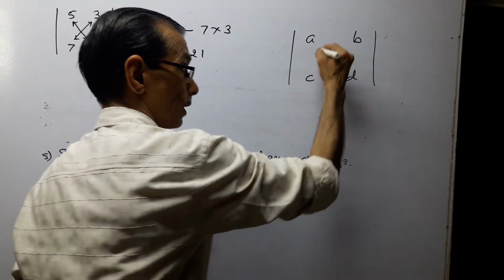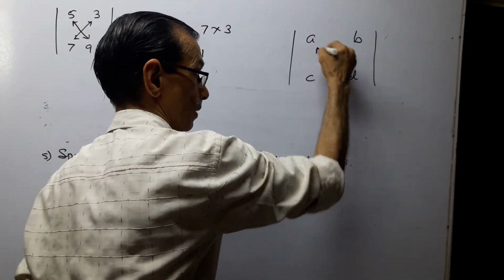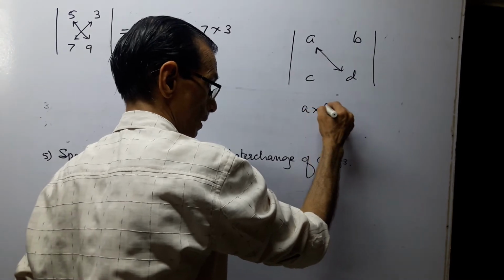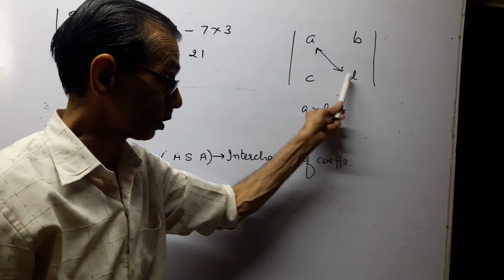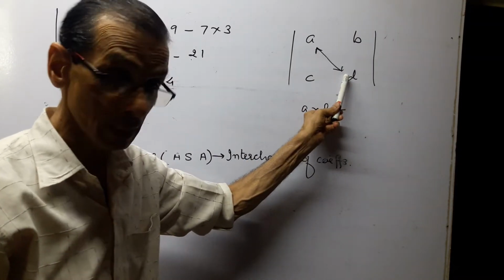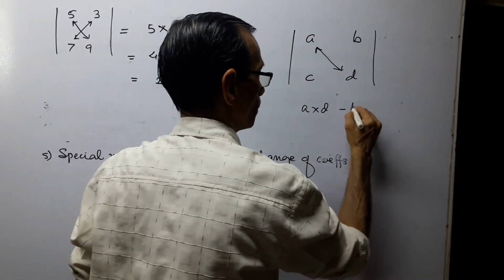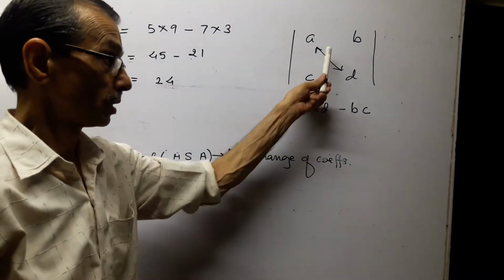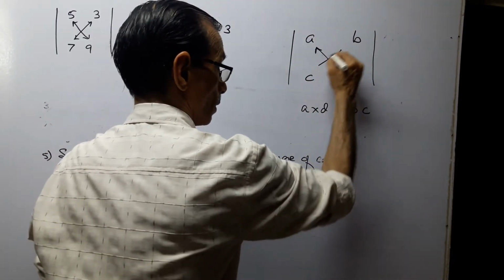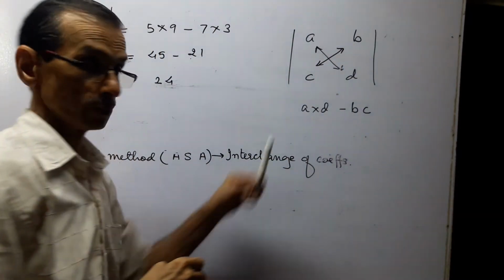We will take the product of a and d first. See the order. First a into d minus b into c. So this is the value of this array.